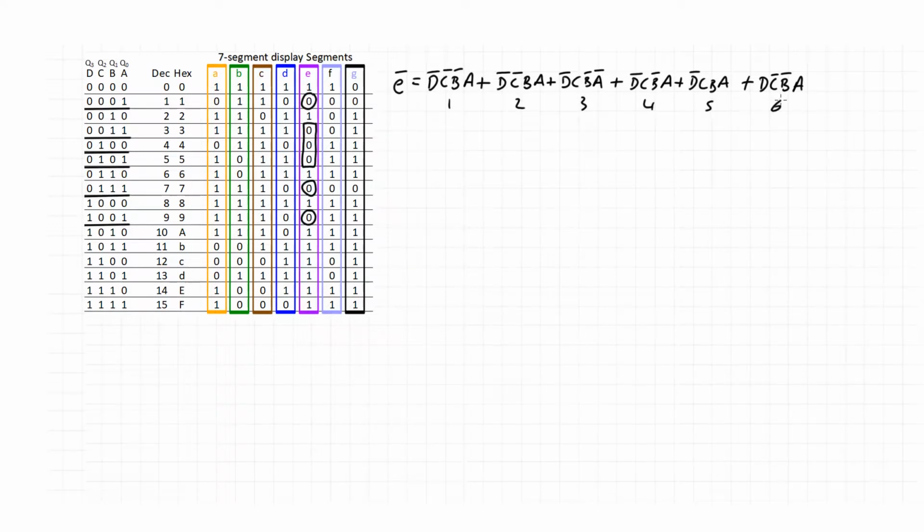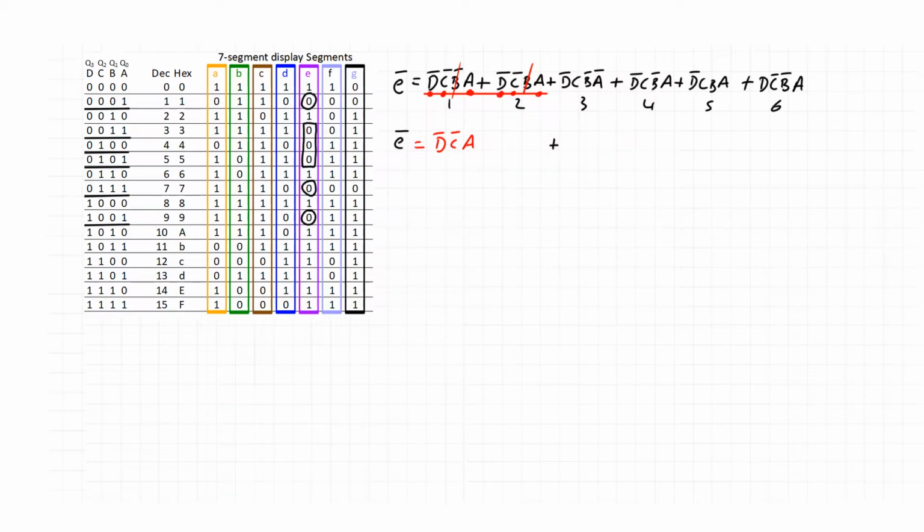So terms 1 to 6, it's good to label them so we can refer to them. Terms 1 and 2 are the same, apart from one of the variables. So they have a common factor of not D, not C, and A, and it's the B that's redundant in those two.